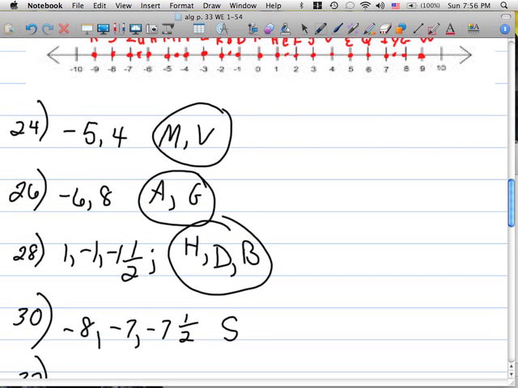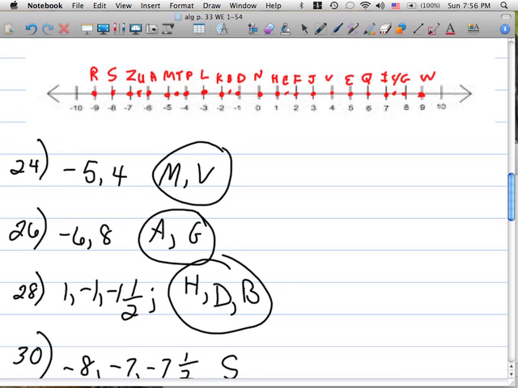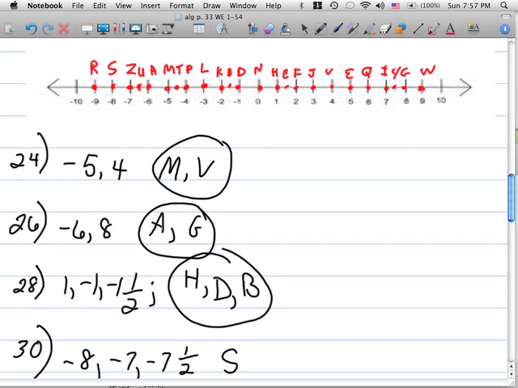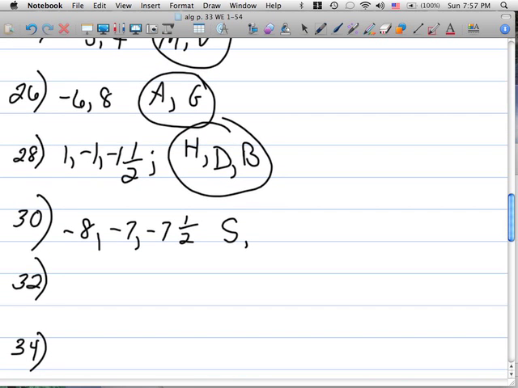And -7 is Z, right here, and -7.5, they have Y down for that. I'm sorry, it's +7.5, and that would be Y. So it's going to be Z for the -7 and Y for the +7.5. So Z and Y.